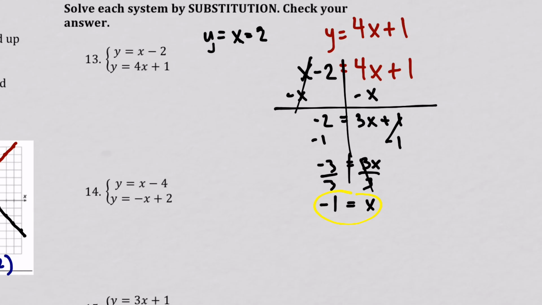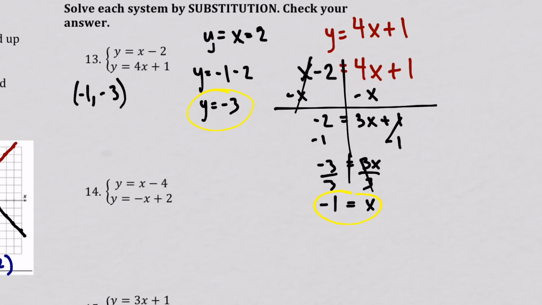I'm going to plug in negative 1 right there for x. So now it's going to look like this. y equals negative 1 minus 2, because the x is negative 1. And so I'm going to end up with y equals negative 3. And there's my solution. My solution is negative 1, negative 3.